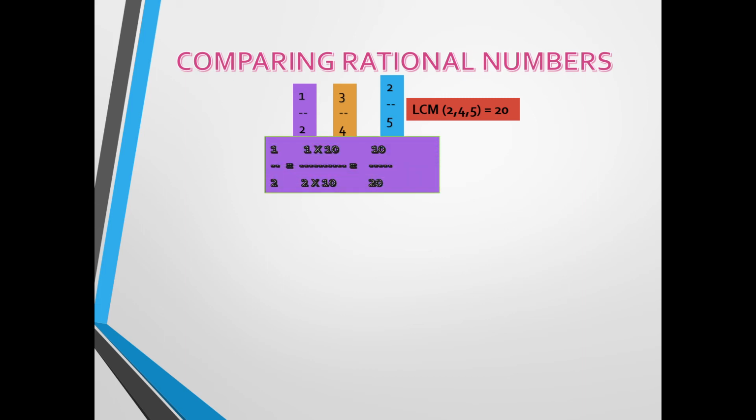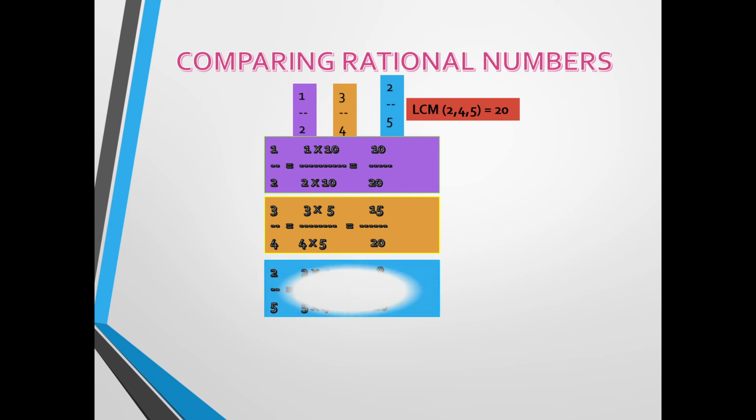Now the equivalent form of 1 by 2 with the denominator 20 is 10 by 20, 3 by 4 is 15 by 20, and 2 by 5 is 8 by 20.